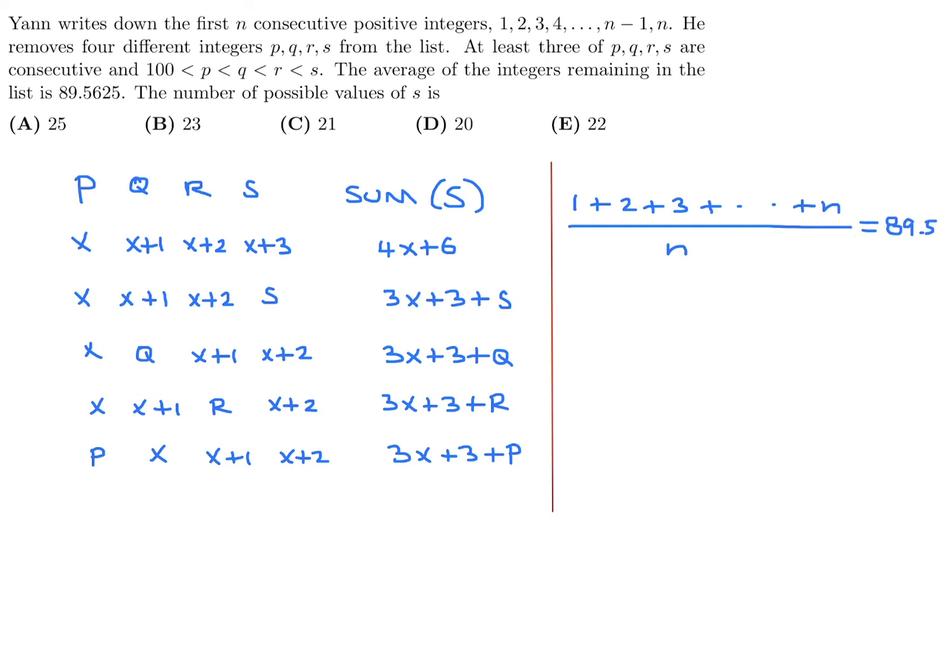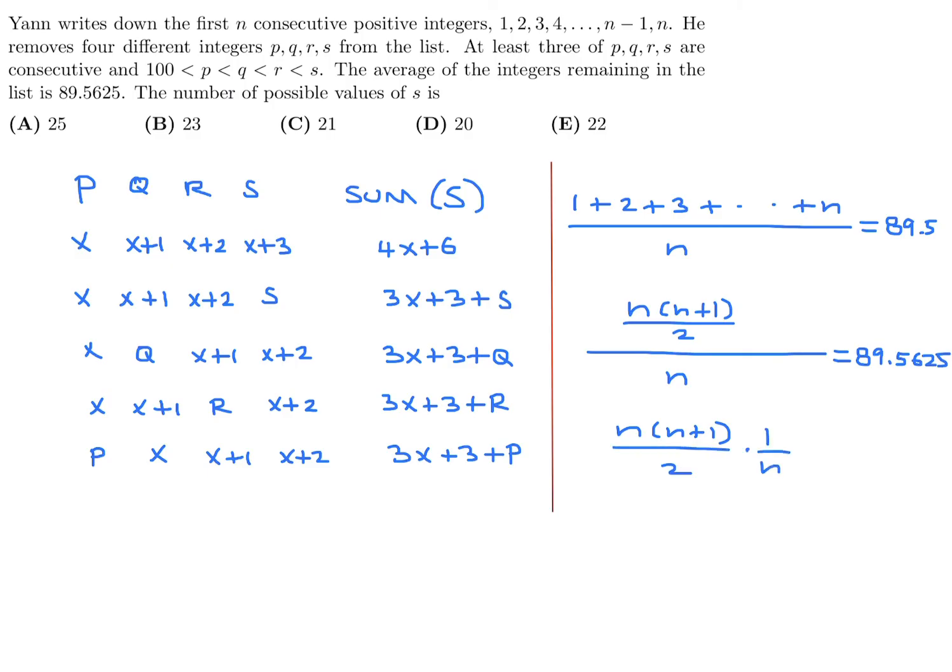89.56. Okay, so what do we get here? Well, you know this: the formula for that is n times n plus 1 over 2. And then we divide by that n, and the full number is 89.5625. So n times n plus 1 over 2 times 1 over n is equal to 89.5625.